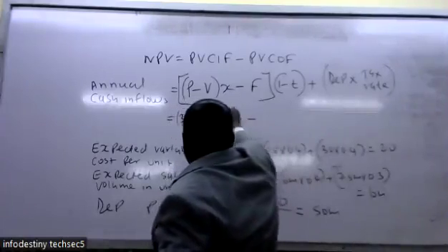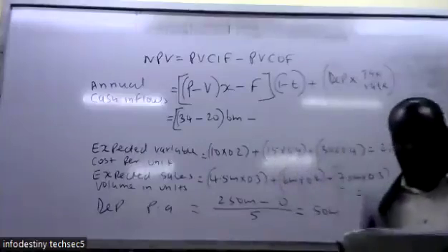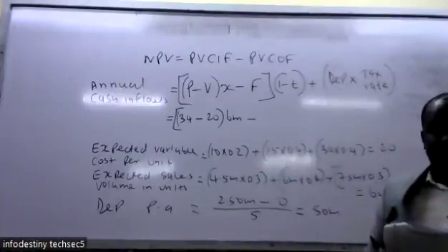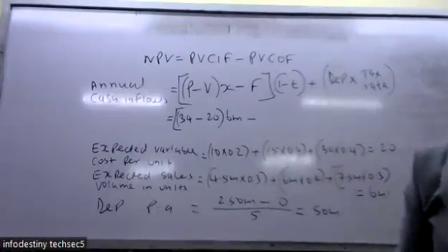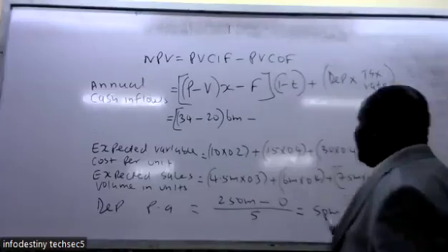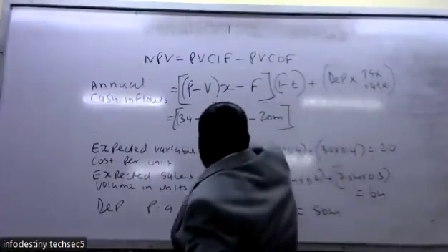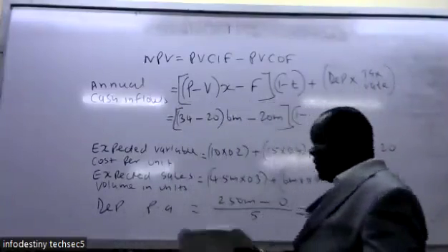Then the question had given you somewhere the fixed operating costs. You can see before required, the firm will incur annual fixed operating costs, excluding depreciation, of how much? 20 millions.